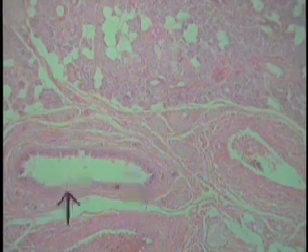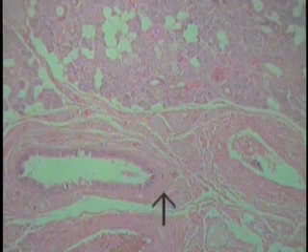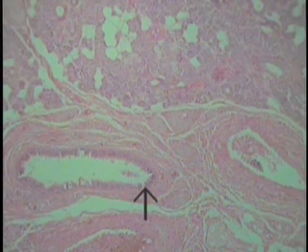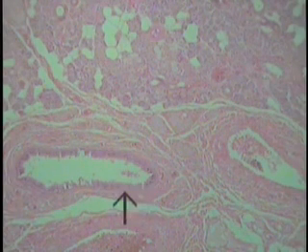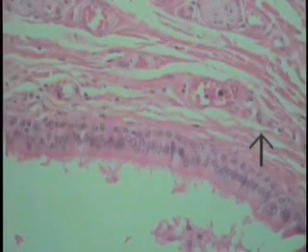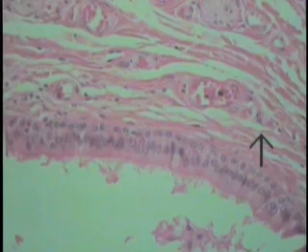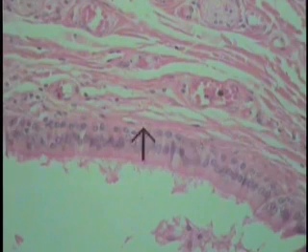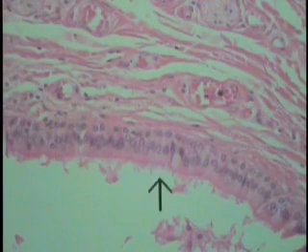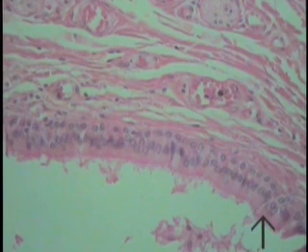This particular tube is being lined by a stratified columnar epithelium. Let's examine it at increased magnification. This is a section through the duct of the submandibular gland, one of its major excretory ducts, showing you a typical stratified columnar lining epithelium. Remember the classification scheme.